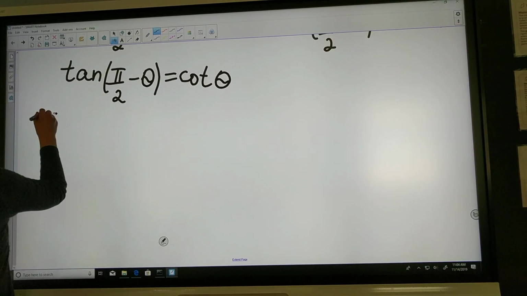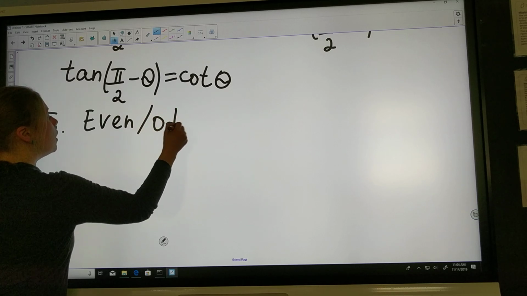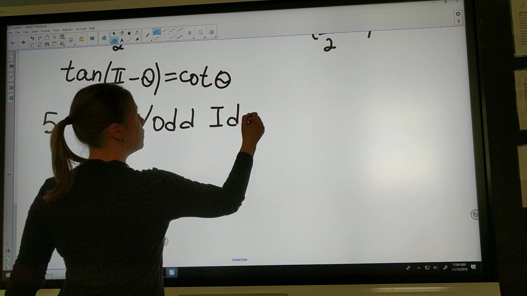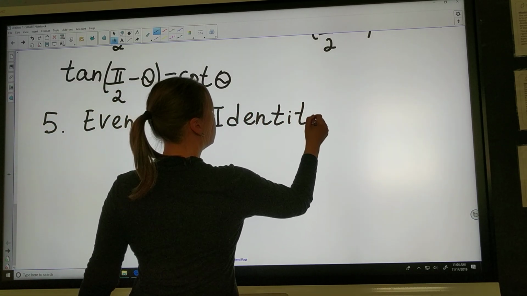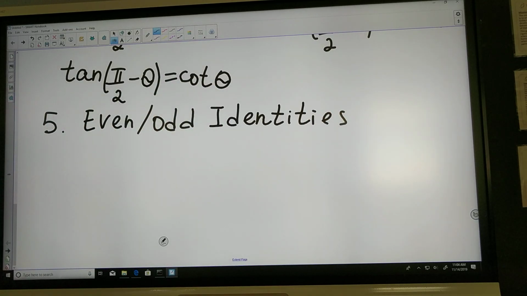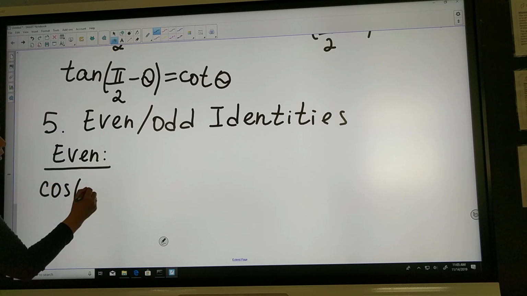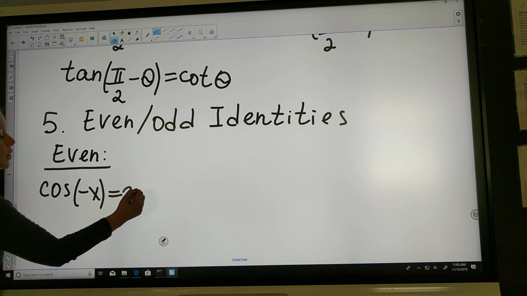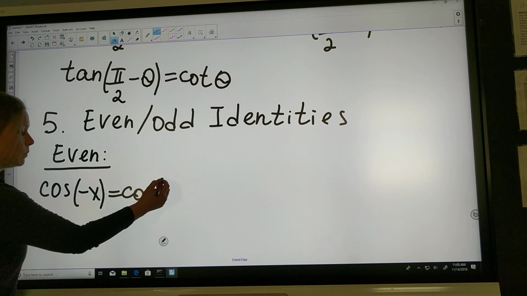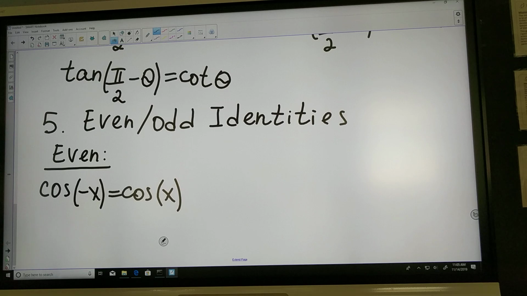Number 5, even and odd identities. The only even function is cosine. Let me start with even. Cosine of minus x is equal to cosine of just x.